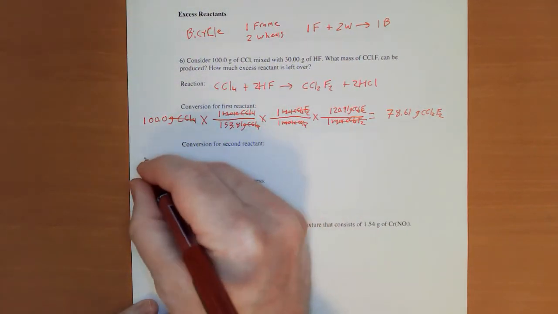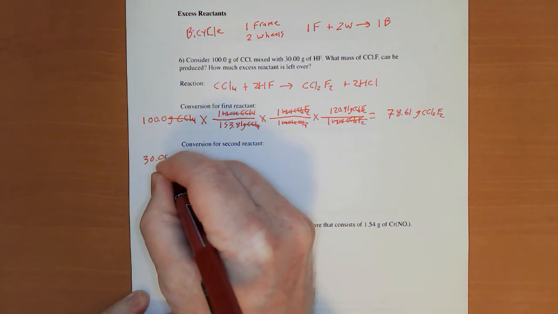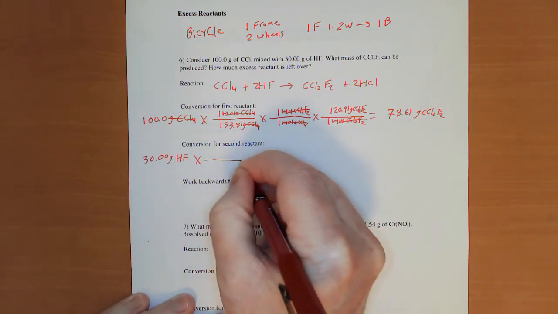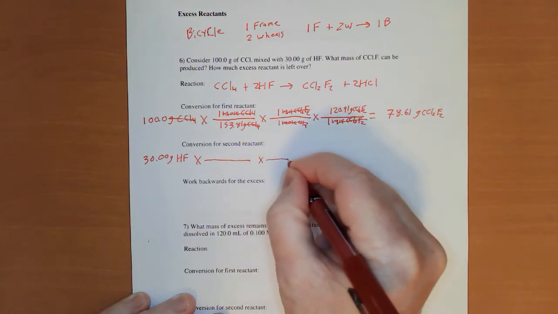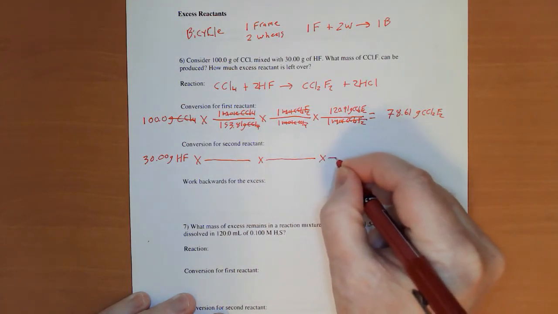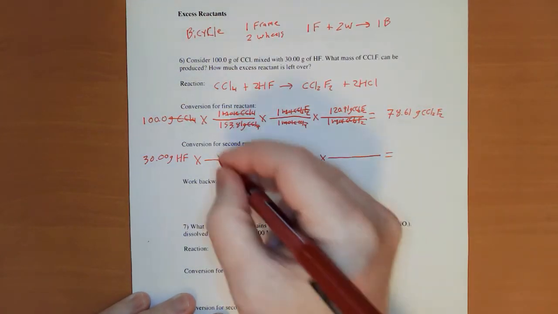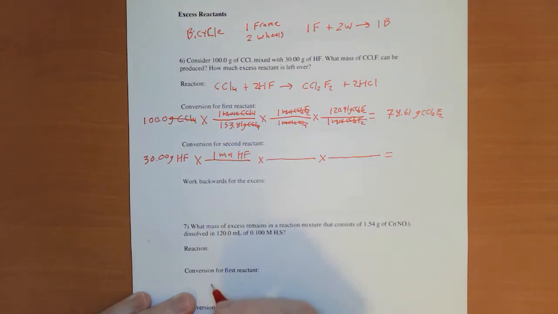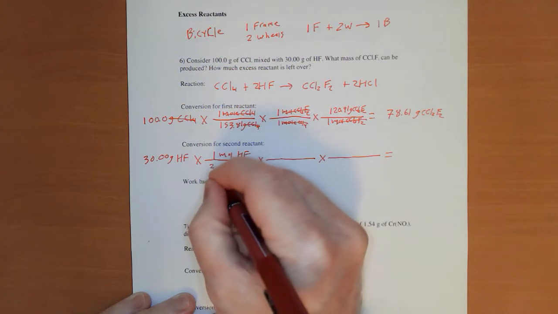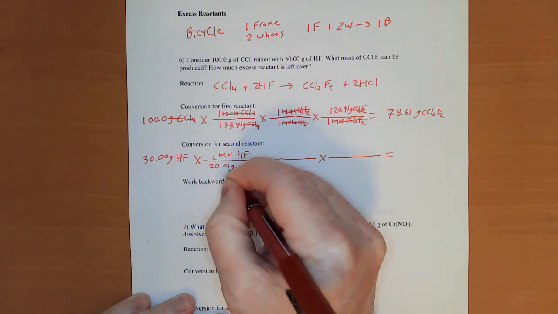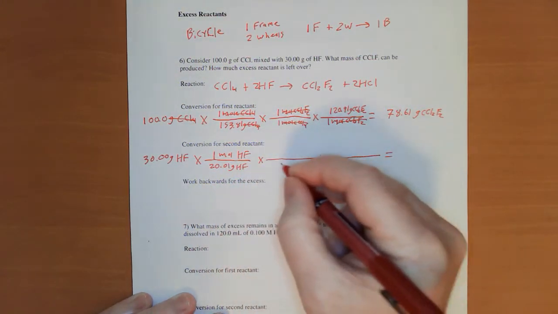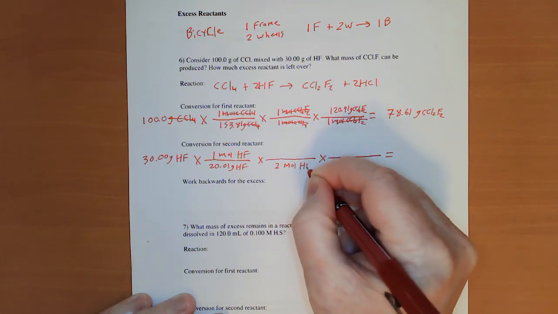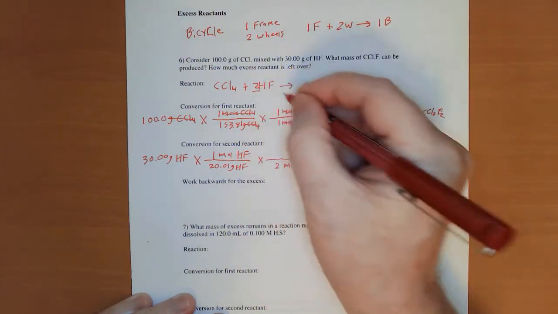Now for my second reactant. 30.00 grams of HF times equals 1 mole of HF. And on my periodic table, 20.01 grams of HF. Now here, it's 2 moles of HF downstairs because of the balanced chemical equation.